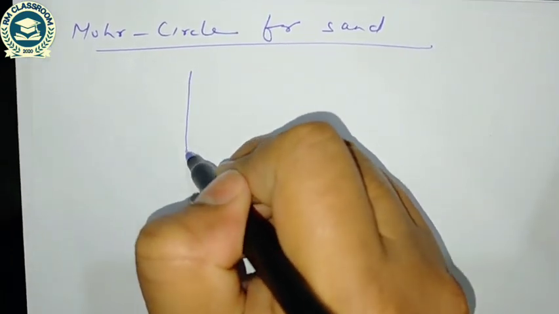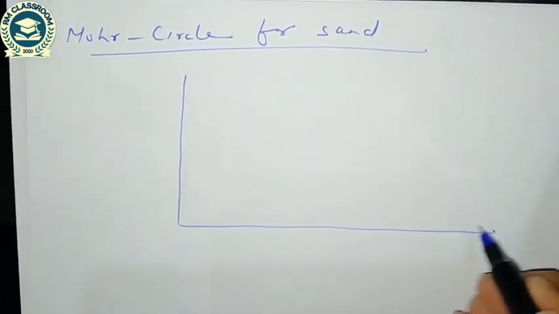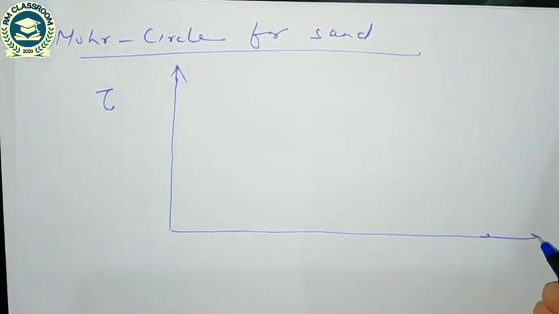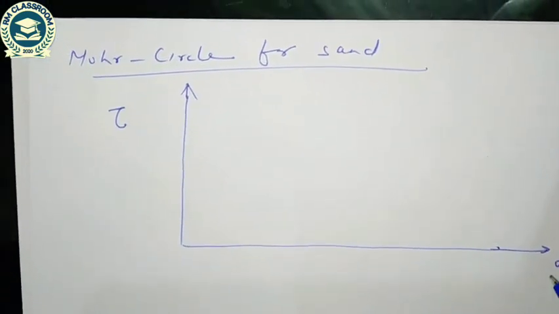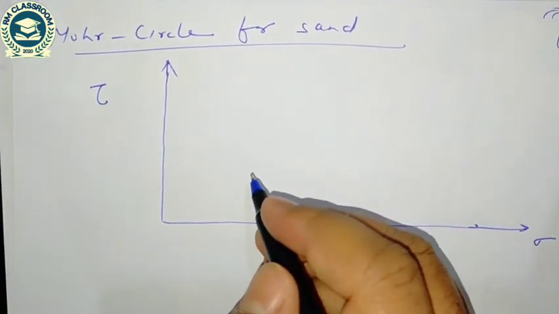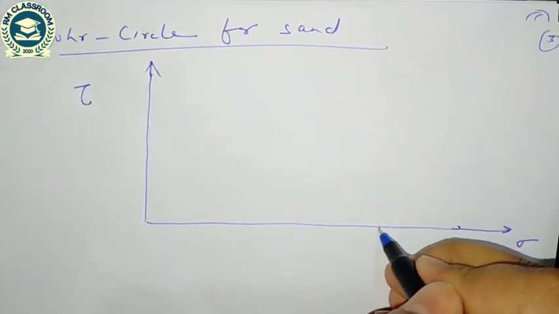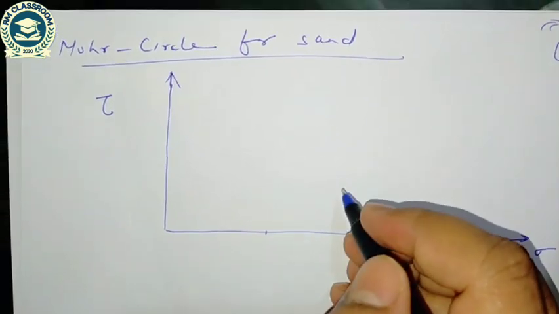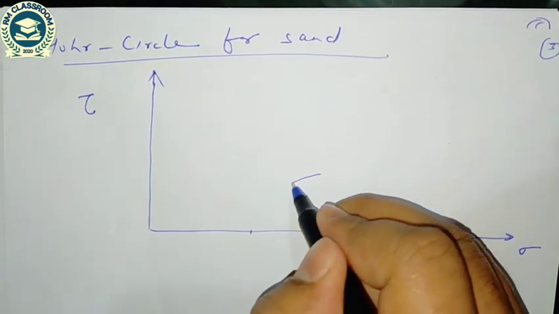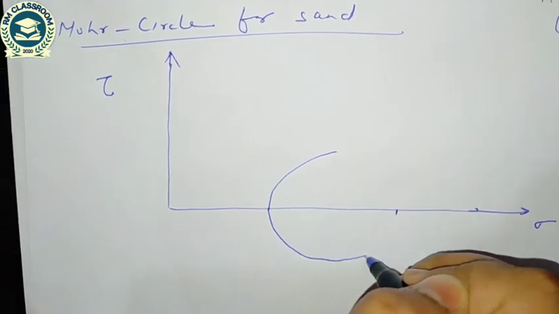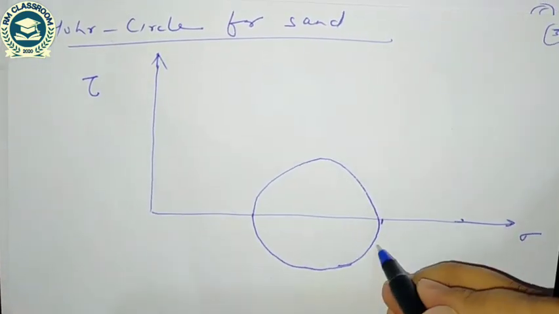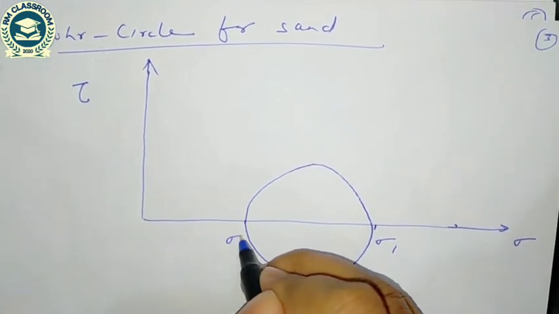The Mohr circle is the graphical representation of normal stress on the x-axis and shear stress on the y-axis. So let us assume this is the major principal stress and this is the minor principal stress. So this is the Mohr circle, this value is sigma 1 and this value is sigma 3.